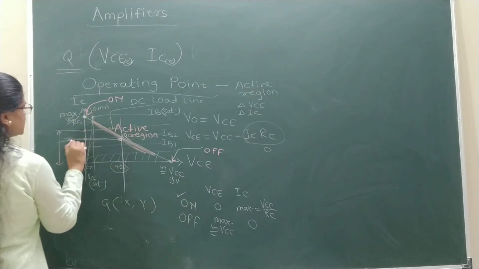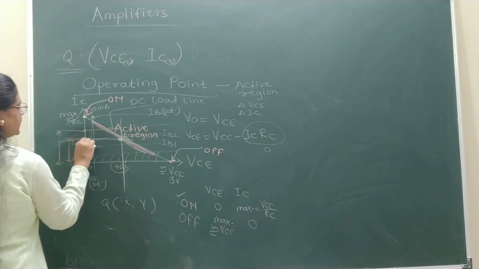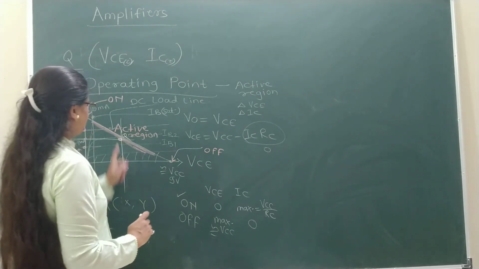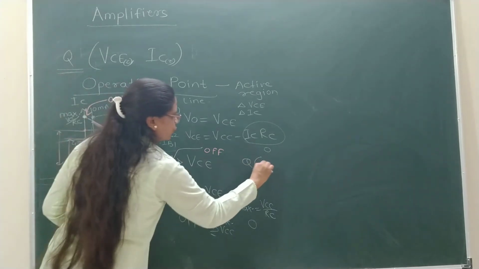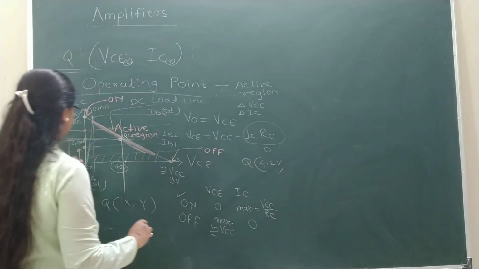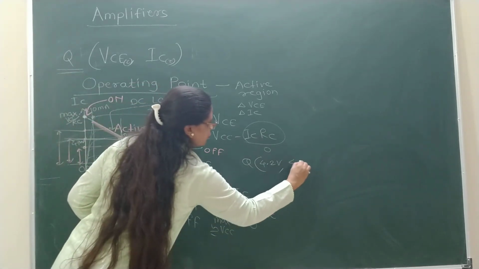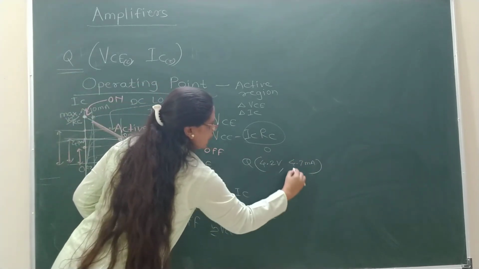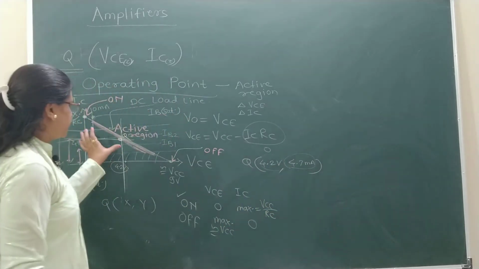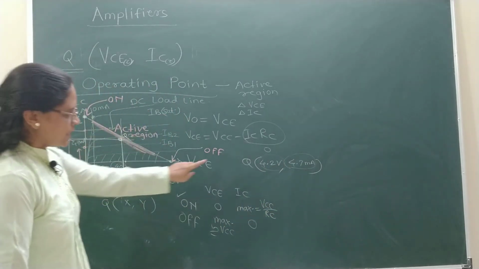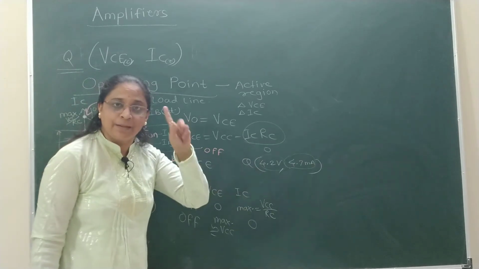Here it shows, for example, 4.7 milliampere. So the initial values at Q are VCE 4.2 volt, the initial collector emitter voltage, and collector current 4.7 milliampere. So IC is neither high nor low, VCE is neither high nor low, it is in the active region. So the transistor can be used as an amplifier.